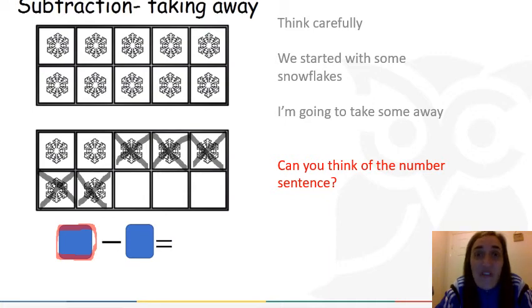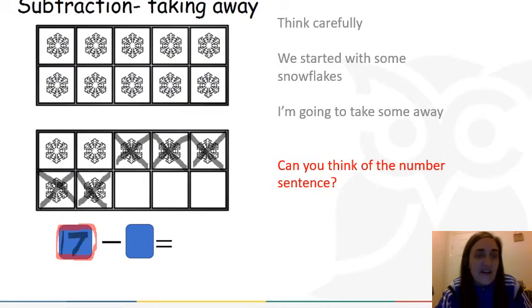Hopefully, you've now got a full number sentence. Let's go through it together. So you can tick yours if you like as we go. Okay, the number that we began with was full 10 frame, 7 more. 11, 12, 13, 14, 15, 16, 17. So your first number, hopefully, is 17.